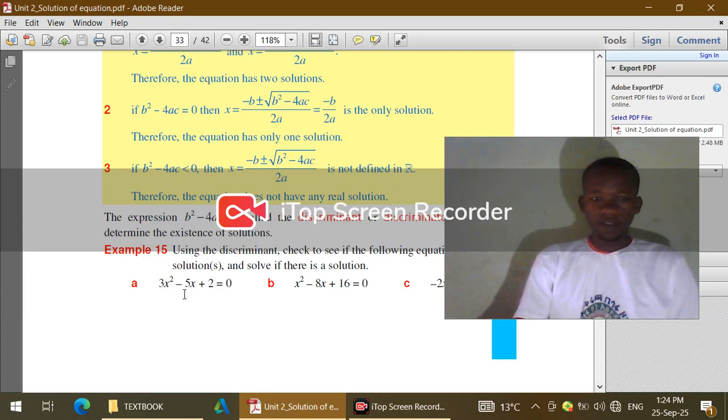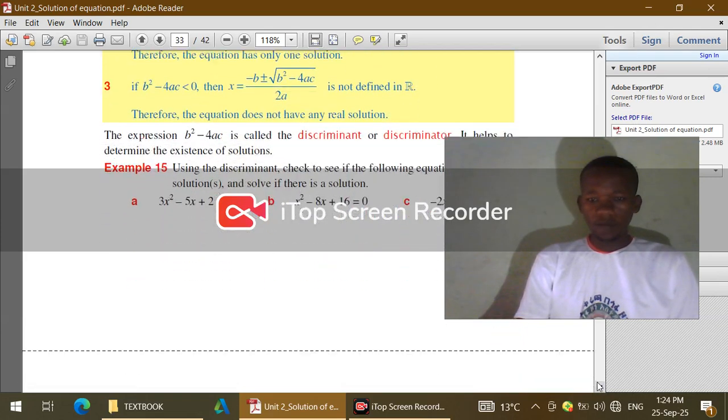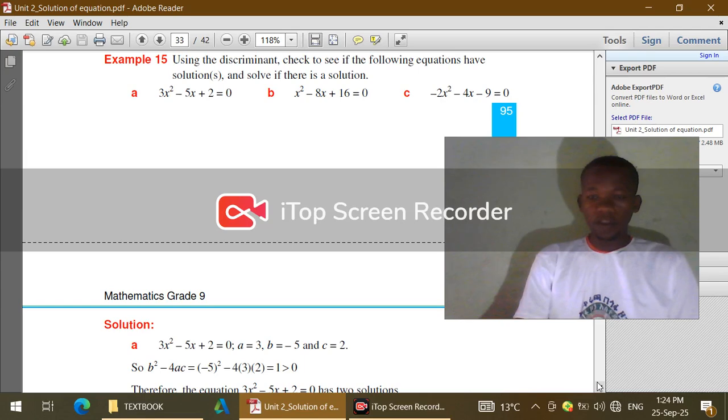For example, say a is 3, b is minus 5, c is 2. You have to put those into the formula. So this is the technique to solve any kind of quadratic equation.